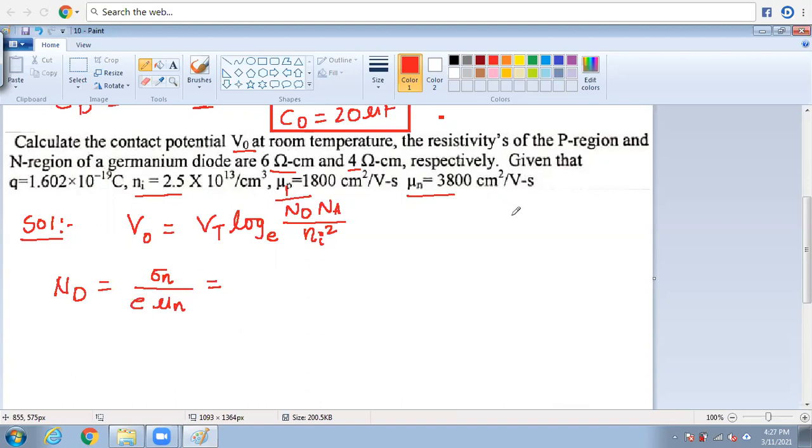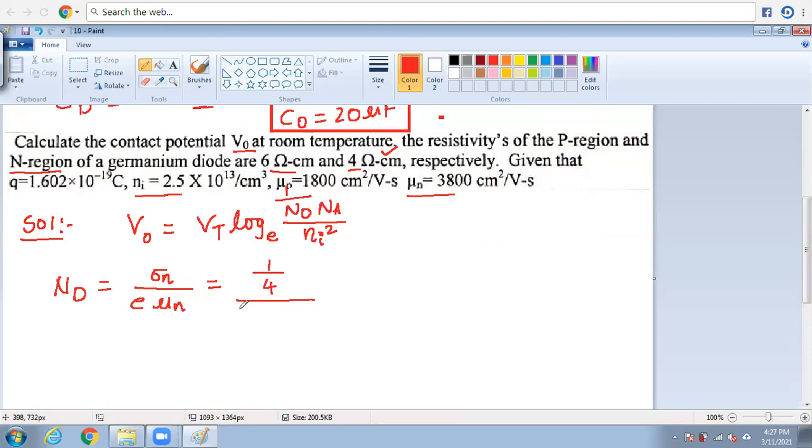I have written 1 by 4 for the N region, because the resistivity is given and sigma is inversely proportional to the resistivity.